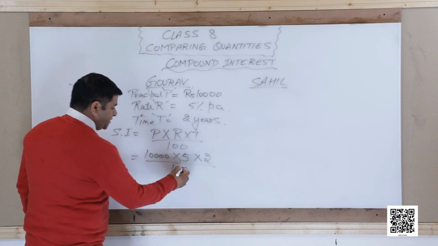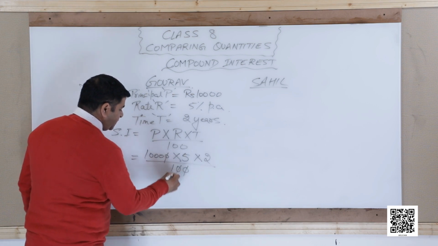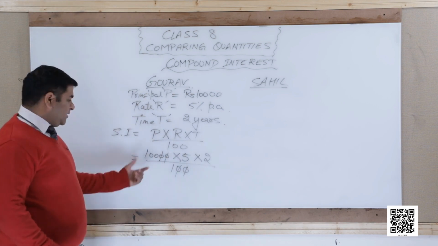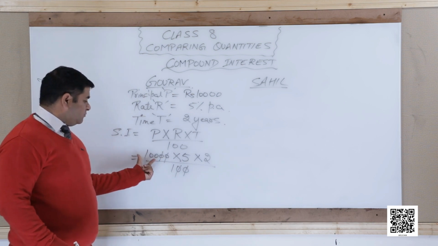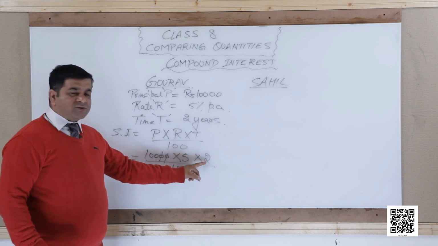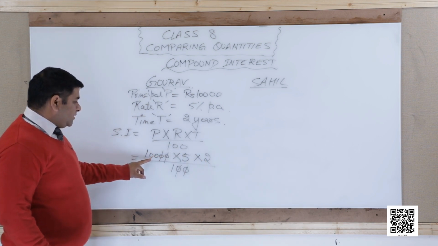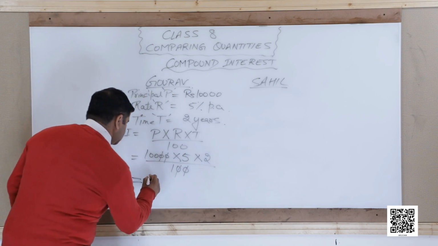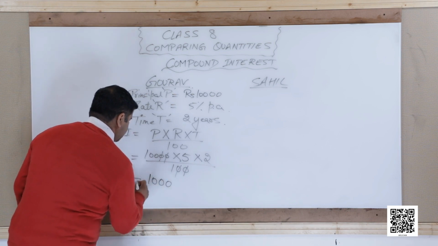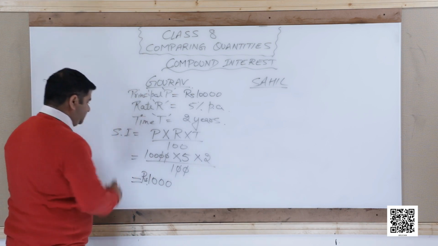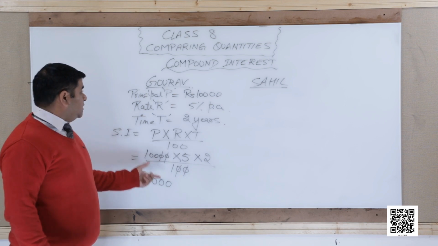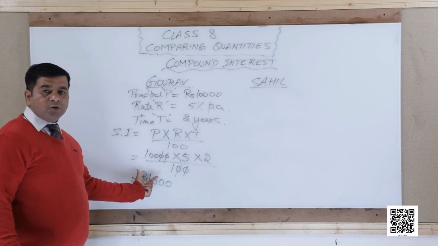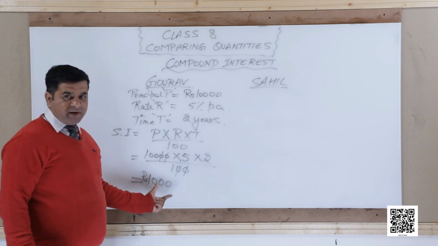Now let's solve it. 10,000 divided by 100 is 100. So 5 times 2 is 10. 10 times 100 is 1000. That is, after 2 years Gaurav got rupees 1000 as simple interest.